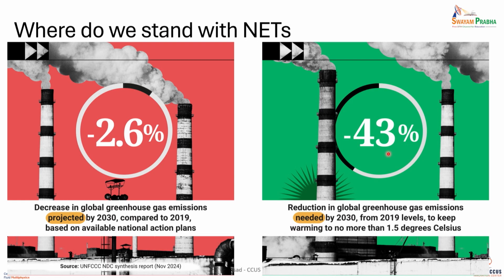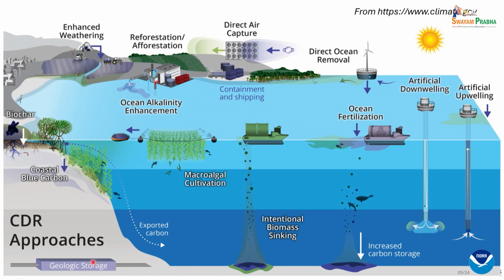That's 6 years from now. It's not far away, right? So that's really where we stand. That's where the scorecard is. This is for all the countries. This is from the United Nations Carbon Capture and Control Action Group or Working Group.